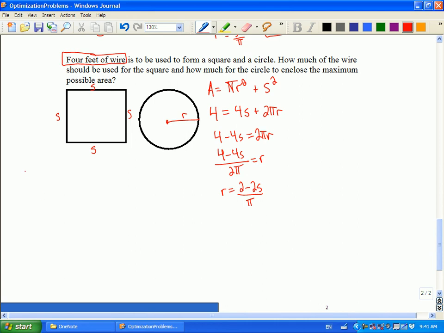Okay, so my area then becomes, area is pi times 2 minus 2s over pi, all squared, plus s squared. Okay, so let's expand out and see what we have here. This will be pi, and I'm going to have 4 minus 8s plus 4s squared, all over pi squared.